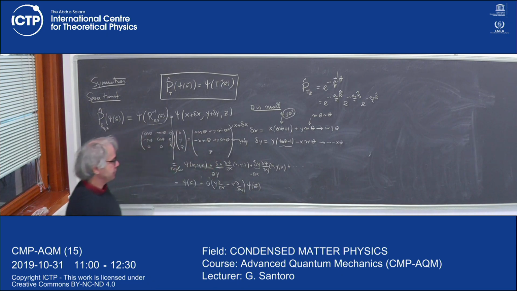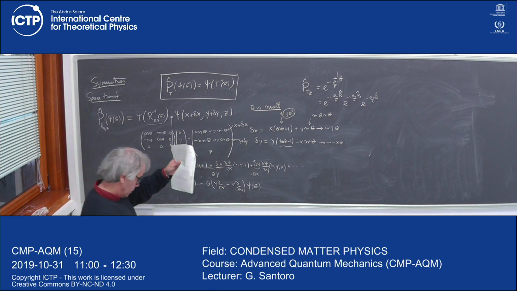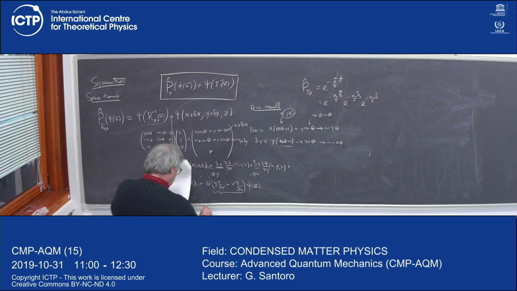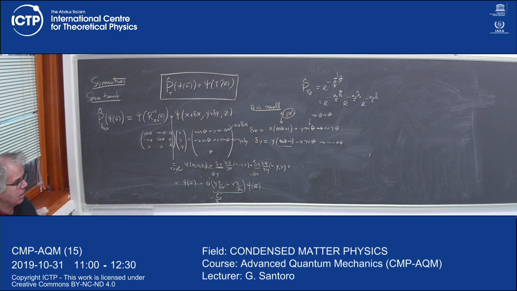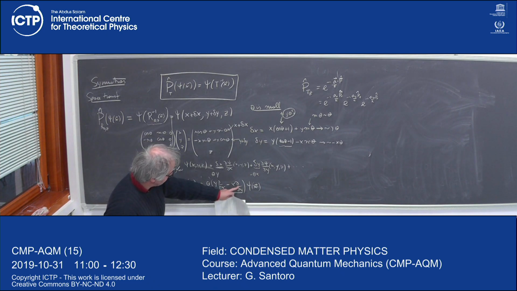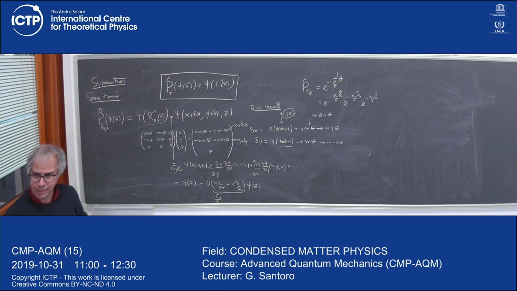Is it clear? Okay. And now I want to let you think that this object is minus i, the angular momentum Lz divided by h bar. Because remember that Lz is x py minus y px. And py is exactly, well, if you include the correct factor, exactly given by this object. Is it clear to everybody?